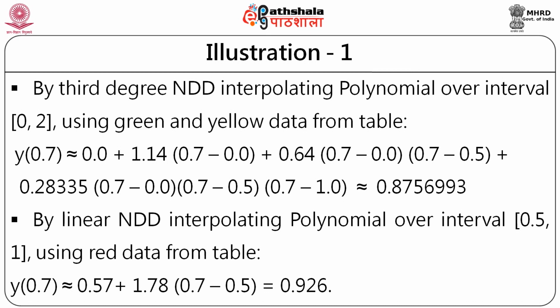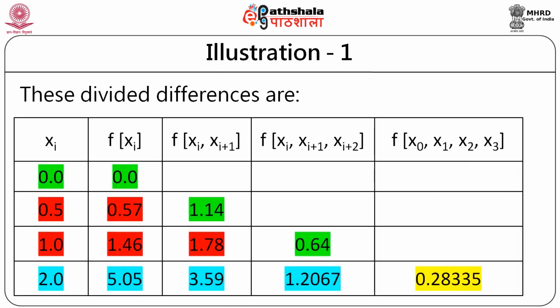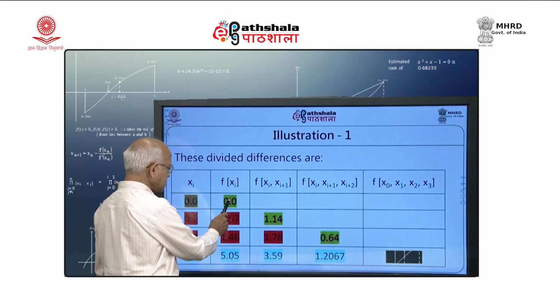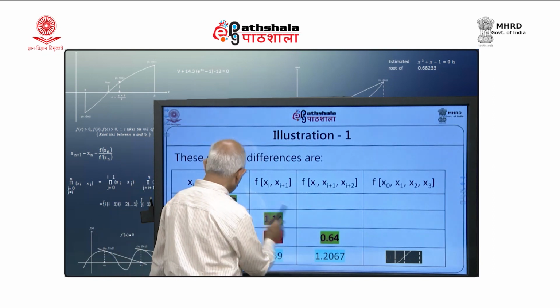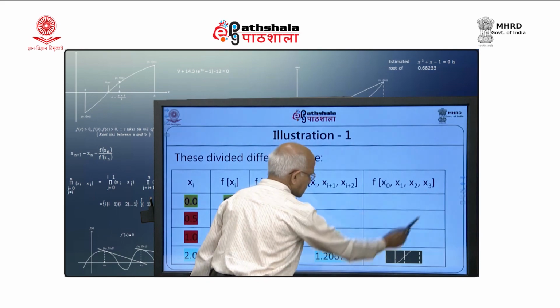So, for the third degree Newton divided difference interpolating polynomial over the interval 0 to 2, what data do I have to use now? I have to use f[x0], that is this, f[x0, x1], that is this, f[x0, x1, x2], that is this, and f[x0, x1, x2, x3], that is this.